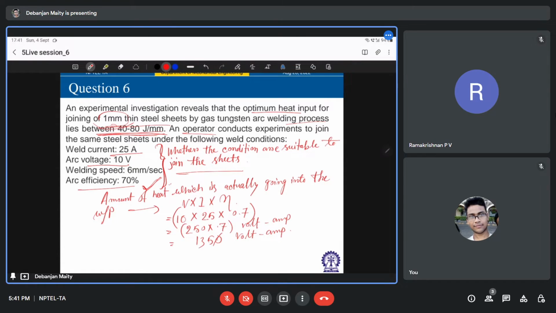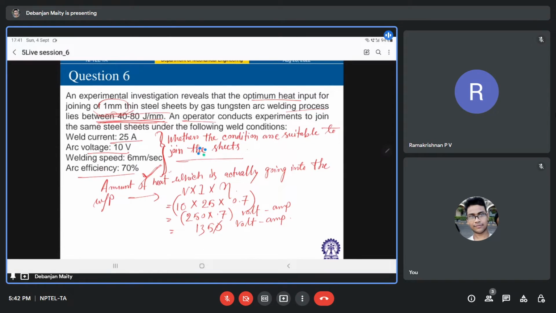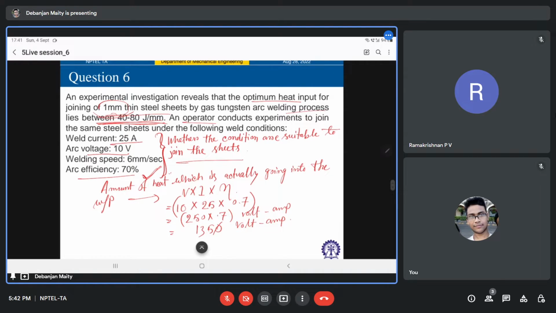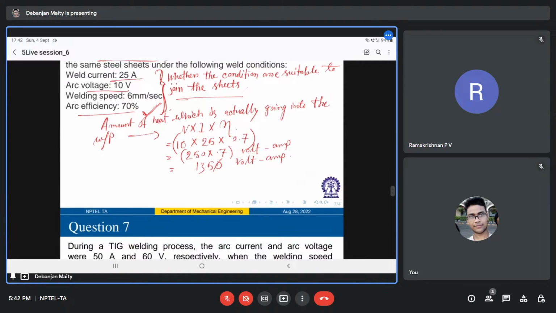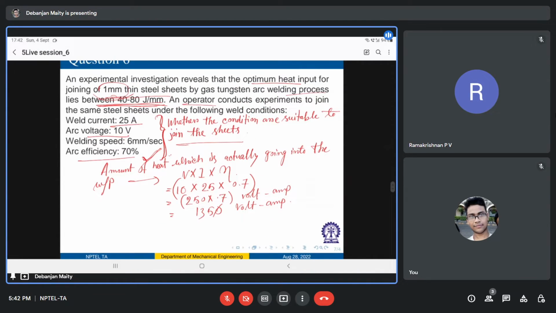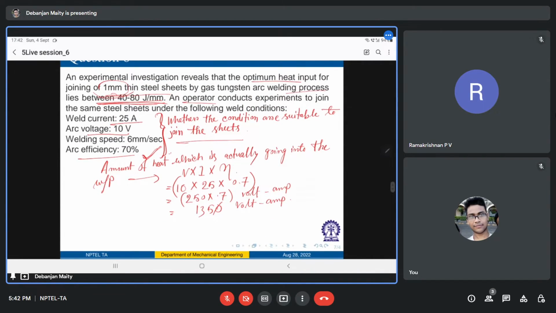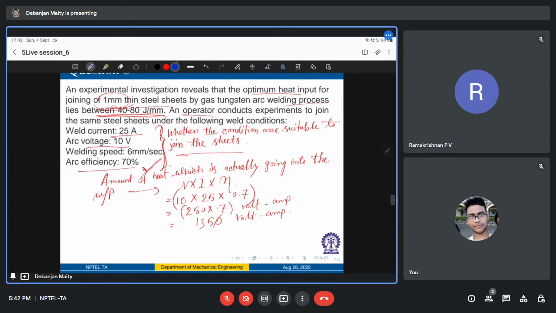Now we have the welding speed as 6 mm per second. So what will be the heat input per unit length?